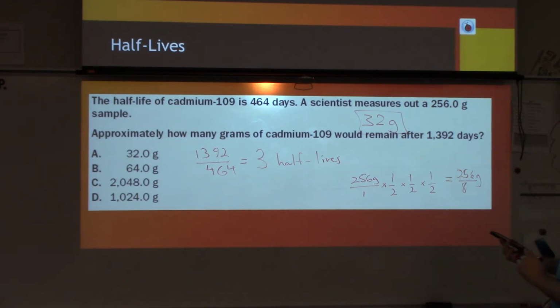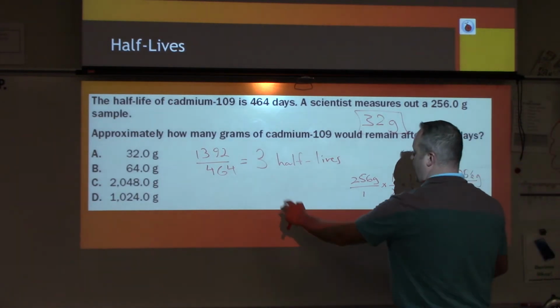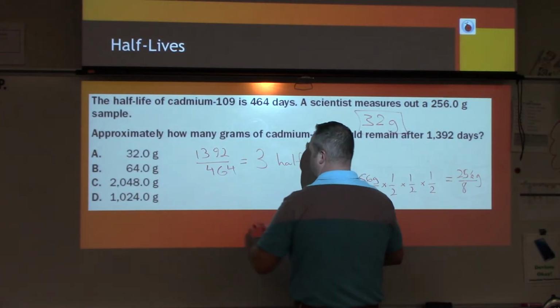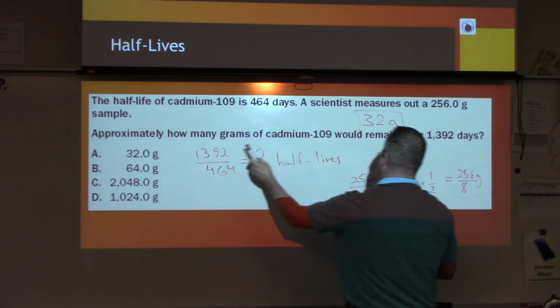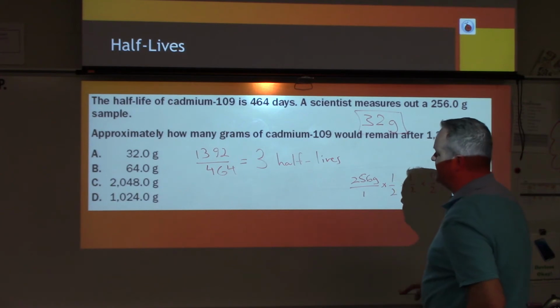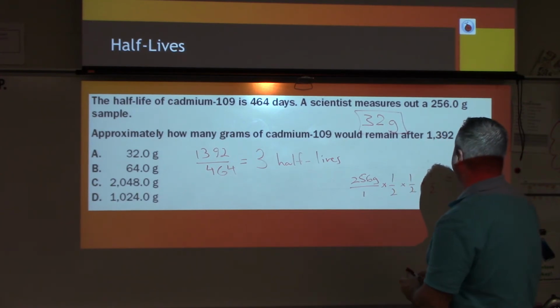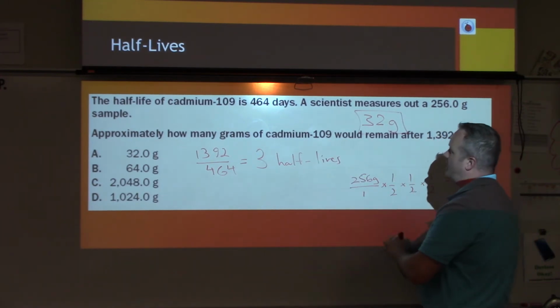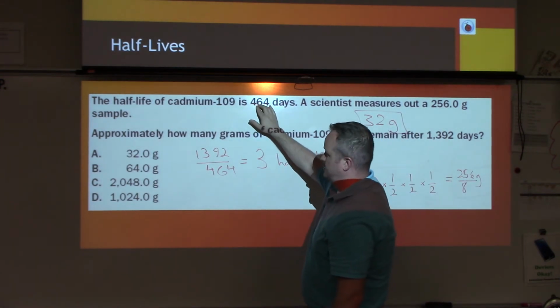So going back to how I solved this, just taking a step back, how did I do this? I looked at how many total days I had. This is the total number of days as listed right here. Then I looked at how long a single half-life was, and it said a single half-life is going to be 464 days.